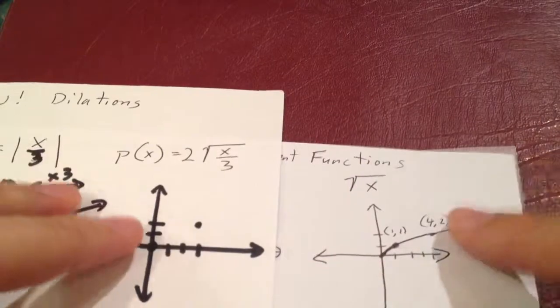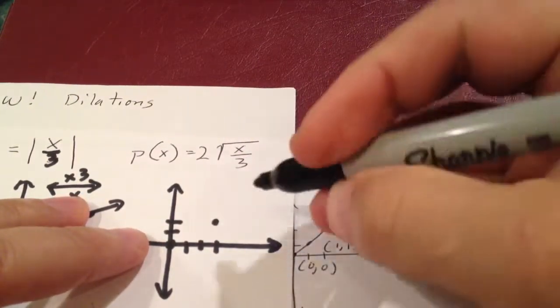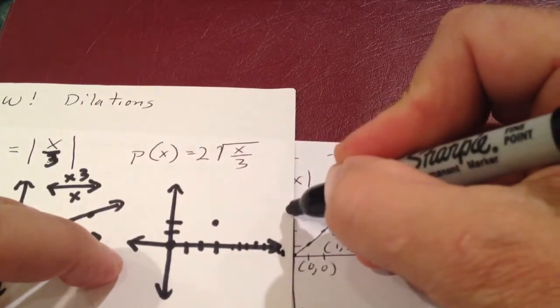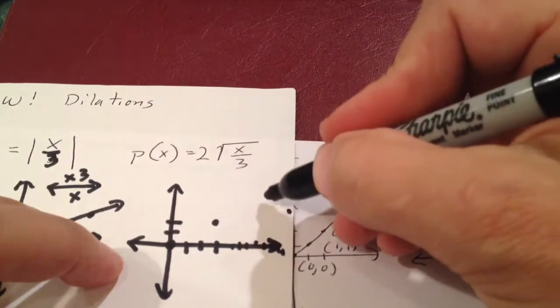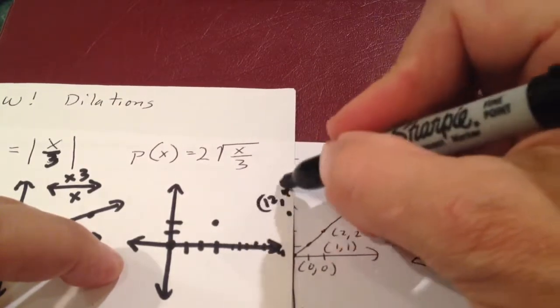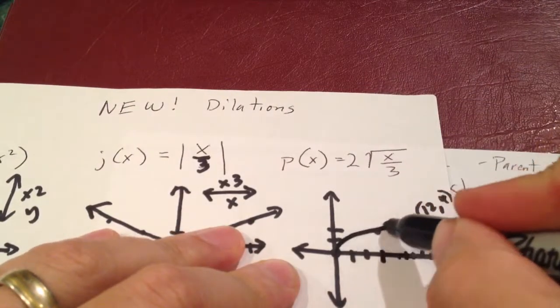All right, so I don't know if I can fit it on here or not. It's not going to fit on here, but out 1, 2, 3, 4, 5, 6, 7. Basically, our next point is out here at 12, 4. It's not to scale here. I ran out of room on my paper, but essentially it's going to look like that.